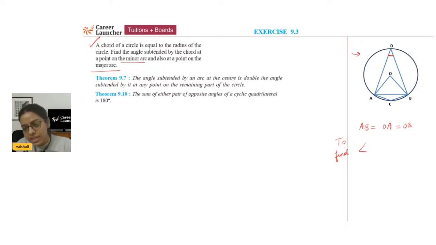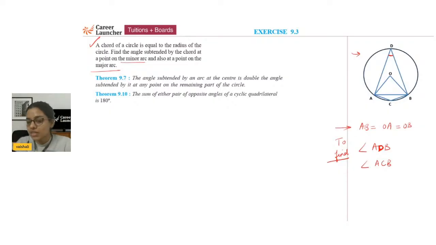So let's write down the things that we need to find. This is ADB, and what is the other one? ACB. Okay. So these are the two angles which you are supposed to calculate. And how can we calculate exactly? So now remember the fact that it is given AB is equal to OA is equal to OB.